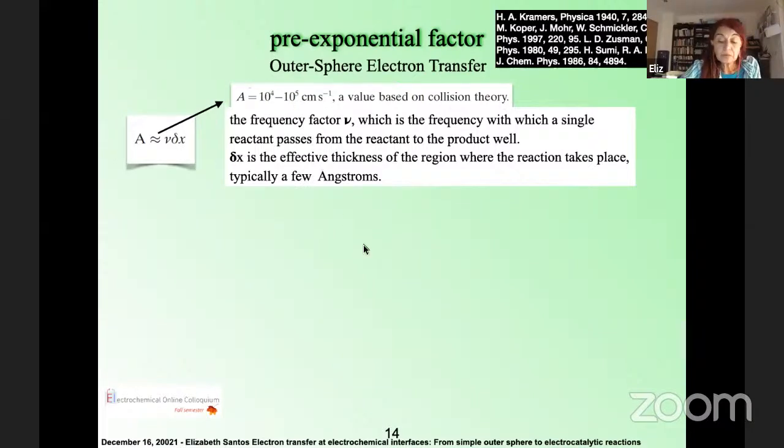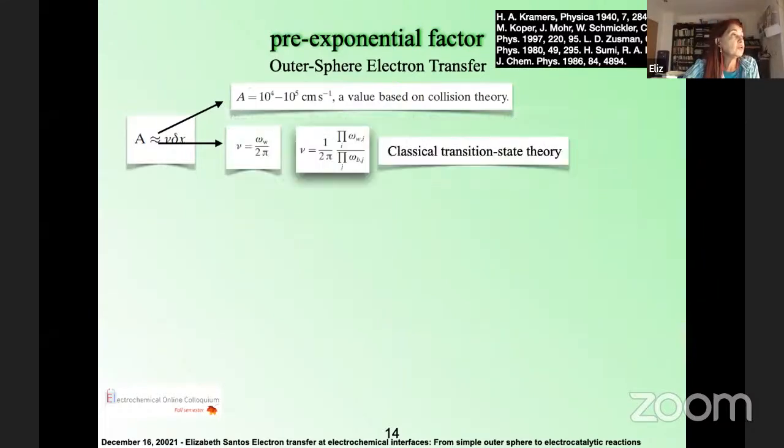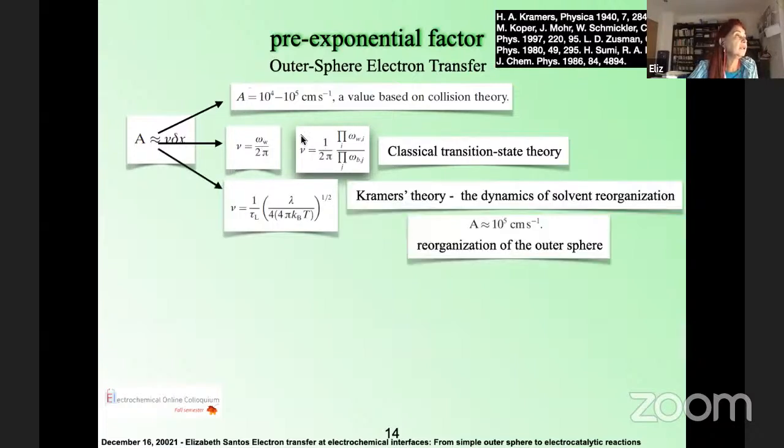But we can also use classical transition state theory, and then we have the oscillation of one mode, or multi-dimensional, from the well of the reactant and also from the transition state.